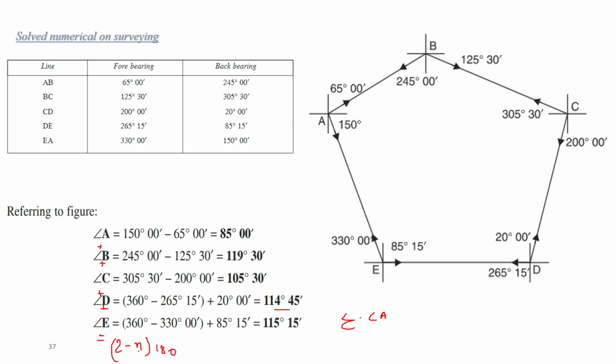Okay, n is the number of sides. For a triangle, if we put n equal to 3, that time n minus 2 multiplied by 180. Here the number of sides is 5, so n is 5. 5 minus 2 into 180.